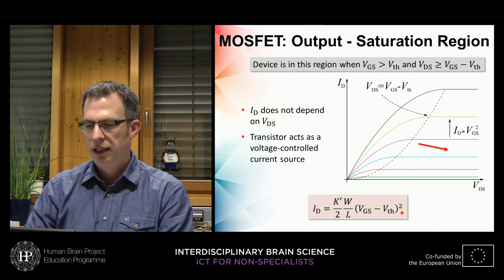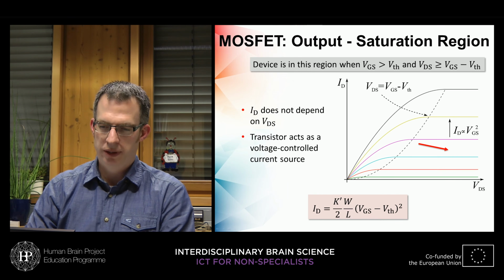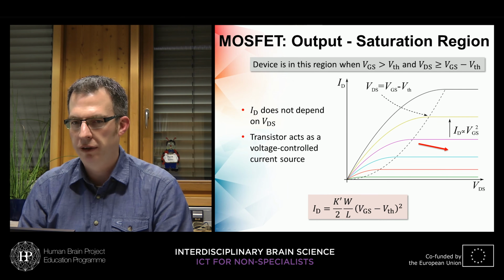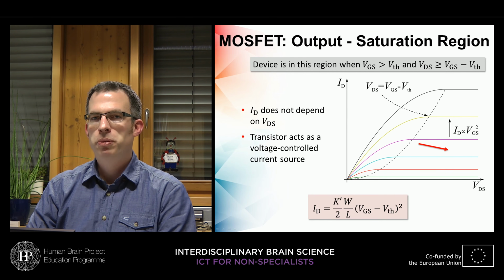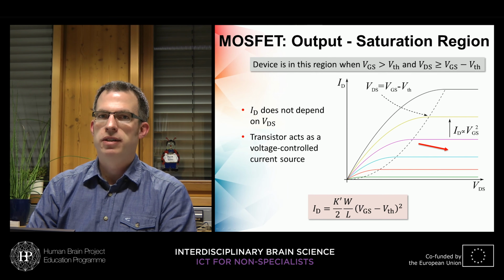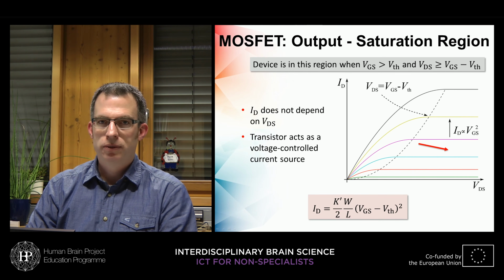So that's the quadratic dependence of the drain current on the gate to source voltage. That's the case in the saturation region. So we have the linear region where the transistor more or less behaves like an ohmic resistor, and we have the saturation region where it behaves like a current source, just supplying a current regardless of the voltage.